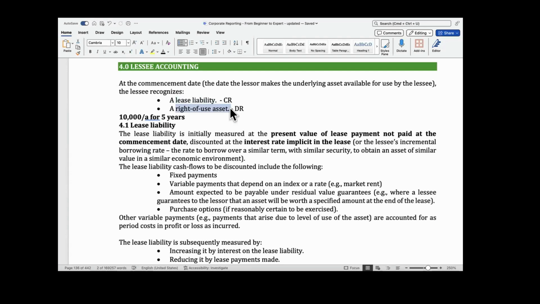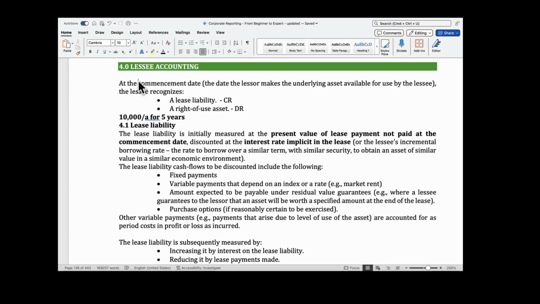And you see, when we talk about how much liability we are supposed to recognize, even without me telling you, you should know. If I give you an example where you rent a building, or let's say an asset, whatever asset, and you're supposed to pay 10,000 naira per annum for 5 years, and somebody asks you, as far as this asset that you have rented is concerned, how much do you owe?